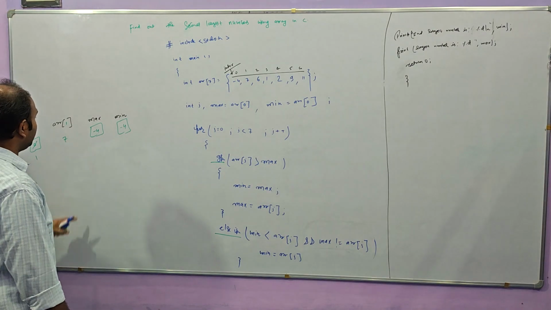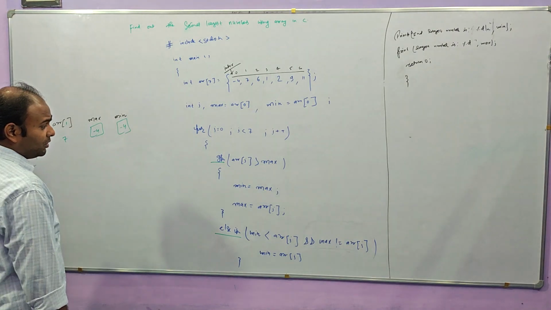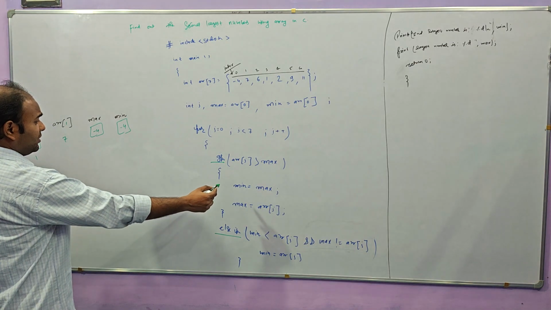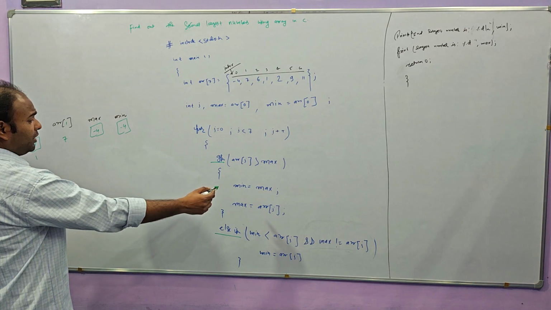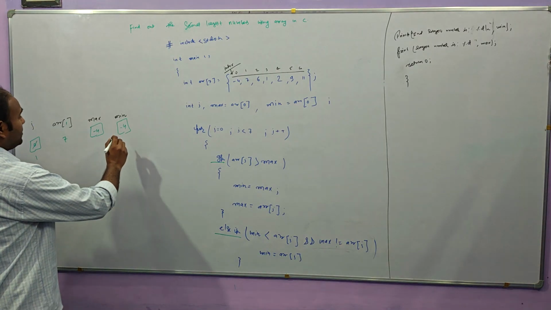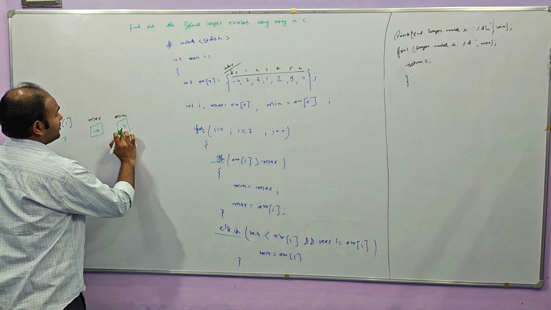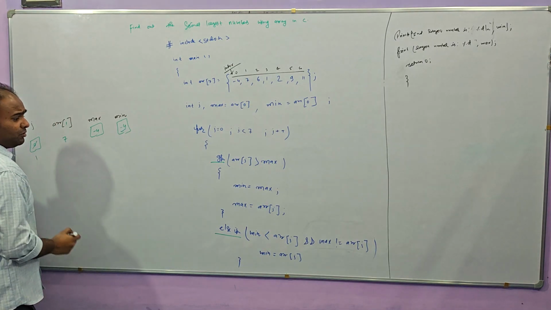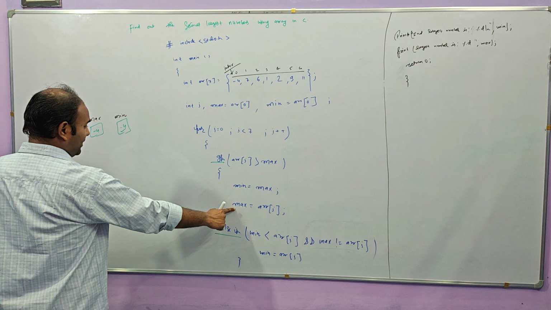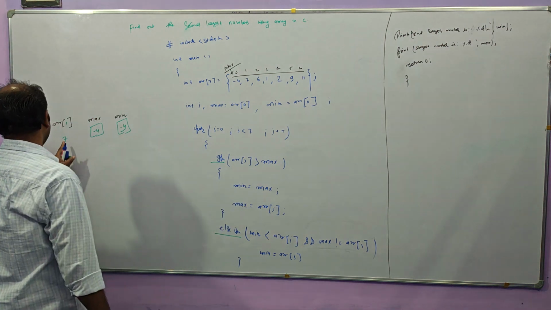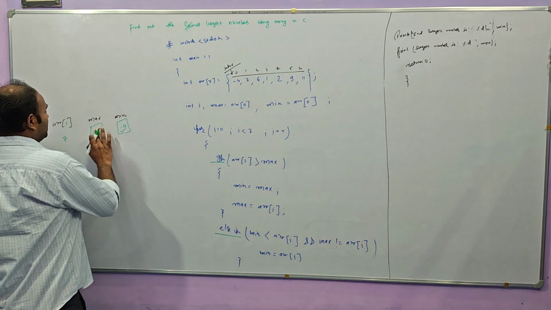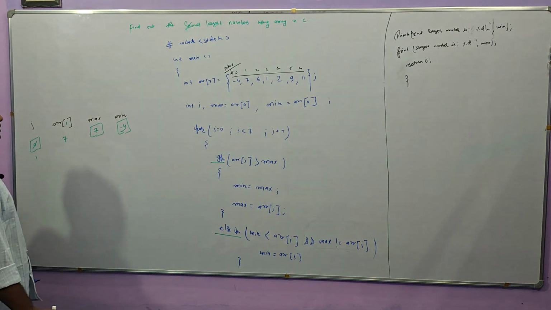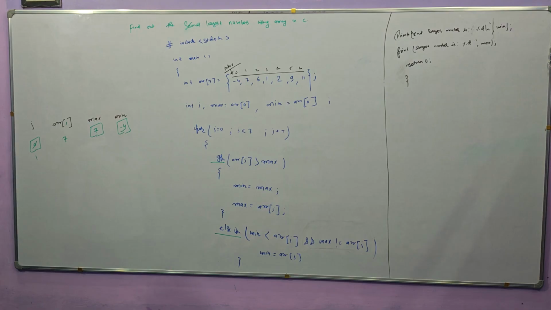Now min, -4, is already included, and max is equal to ar[1], which is 7. So max becomes 7.